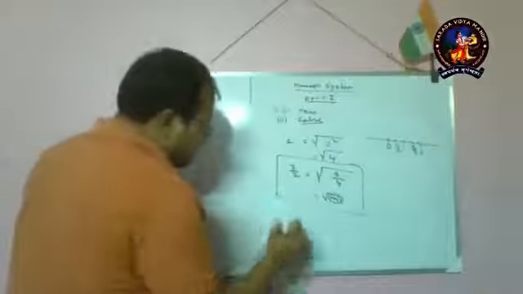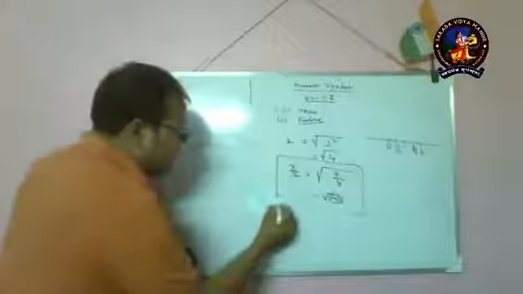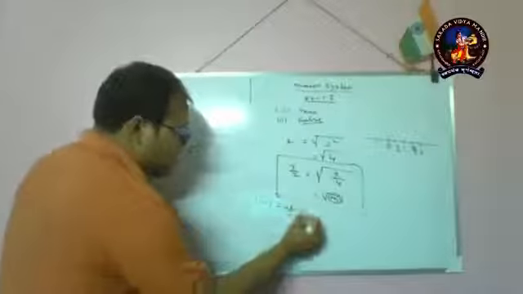Next, number 3, every real number is an irrational number. No, it is not true, because rational numbers are also there. You give one counter example for that. It is false. Again you read the question, every real number is an irrational number.